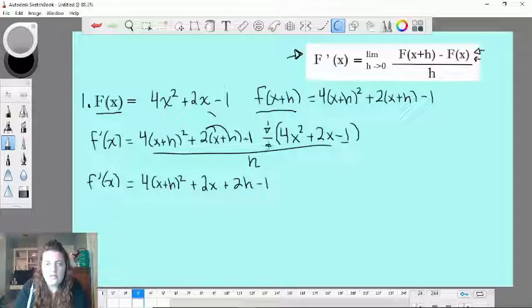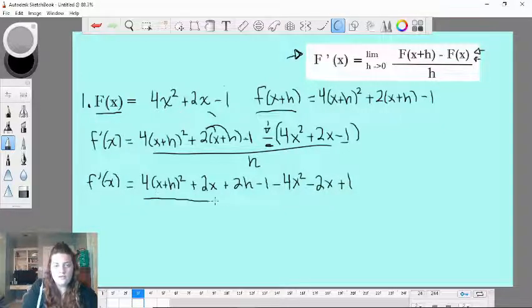And then I'm going to carry this negative out. So negative times the 4x squared would be minus 4x squared. Negative times plus 2x is minus 2x. Negative times negative 1 would be plus 1 instead. And then all of this is going to be over h.